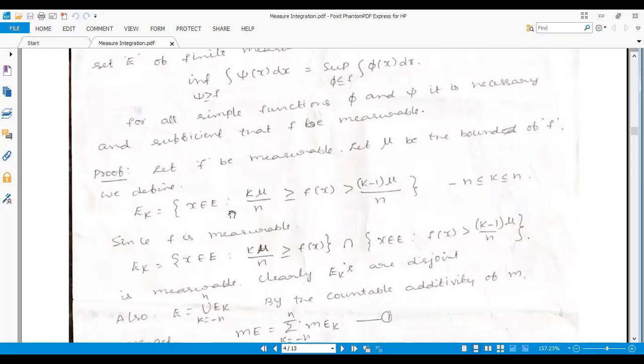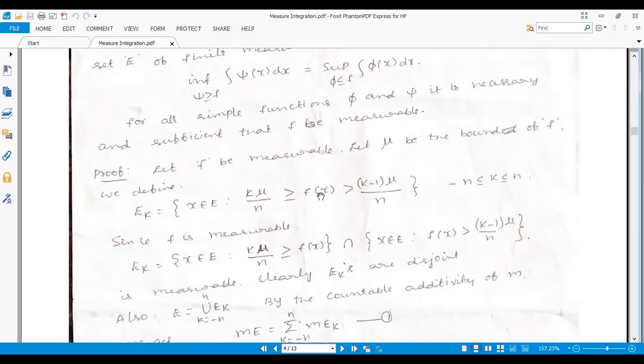Here we use a similar way. E_k is the set we take as x belongs to E, k mu by n greater than or equal to f(x) greater than (k minus 1) mu by n, because we have chosen minus n less than or equal to k less than or equal to n.